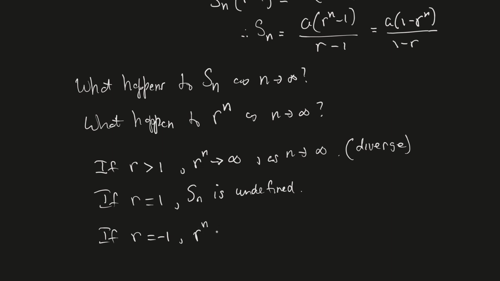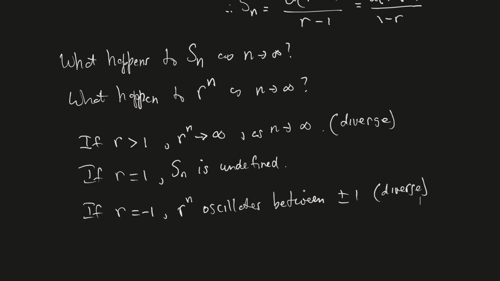So r to the n is going to oscillate between plus or minus 1, right? If n is an even number, then r to the n will be plus 1. If n is an odd number, then r to the n will be minus 1 in this case. So again, it oscillates, so it's going to diverge. It doesn't go off to infinity, but as we saw previously, even oscillation is an example of divergence.